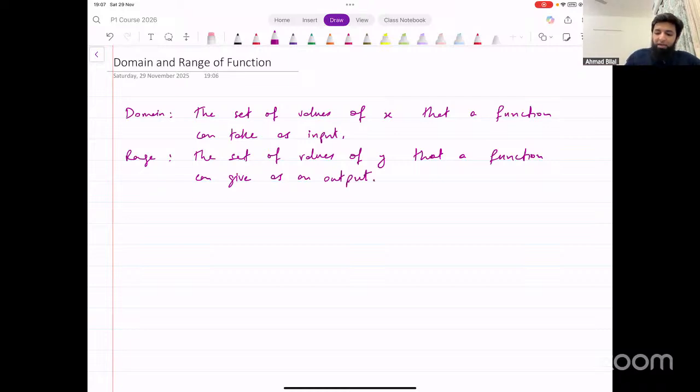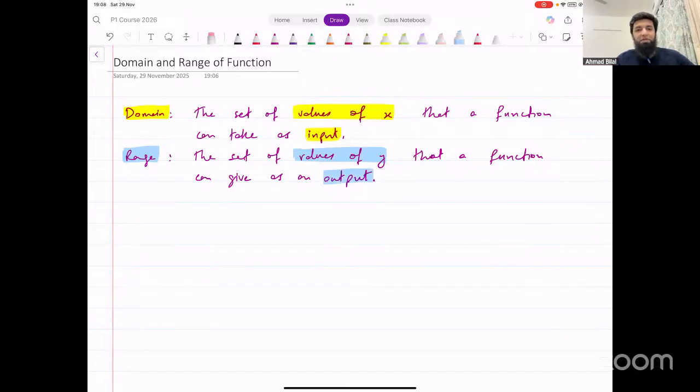So domain stands for the set of values of x that a function can take as an input. And range stands for the set of values of y that a function can give as an output.